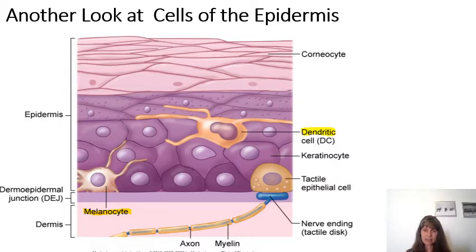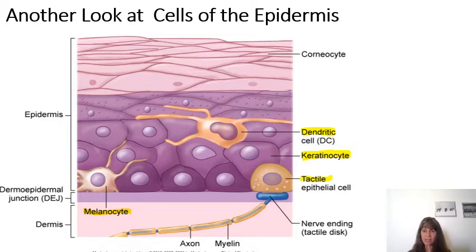Keratinocytes are cells that produce the protein keratin, and keratin lends to making our skin harder, as well as helping to lend it some waterproof characteristics. We also see tactile cells. Tactile cells are also known as Merkel cells.